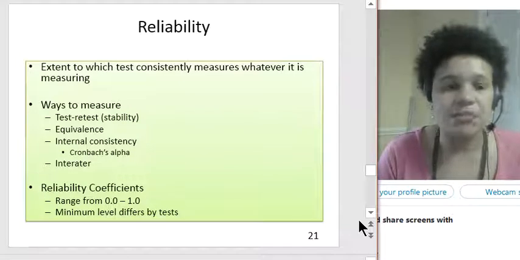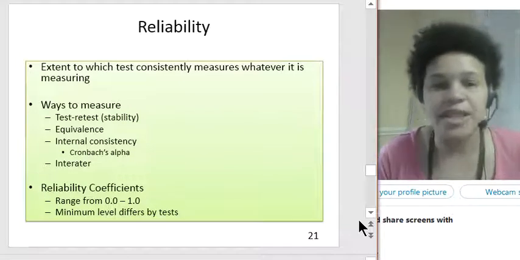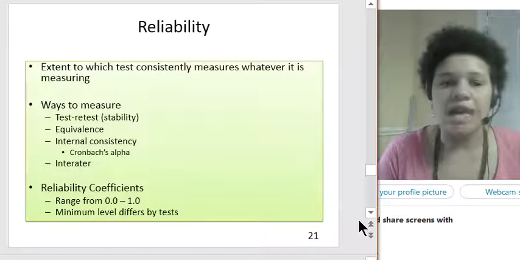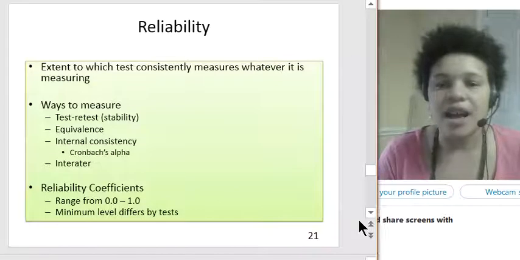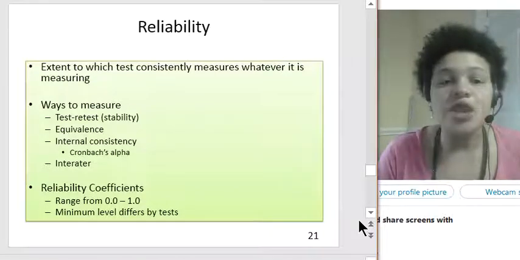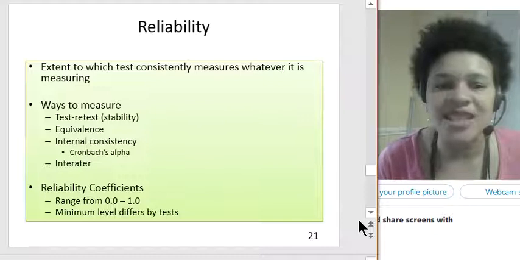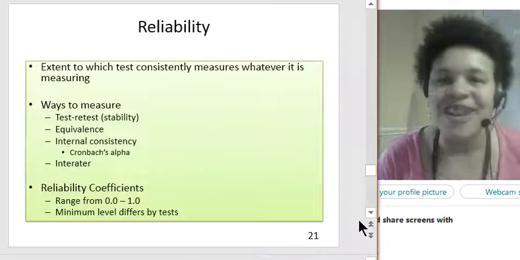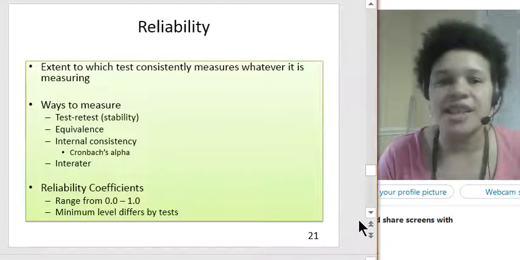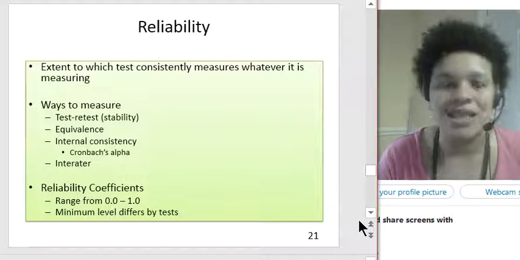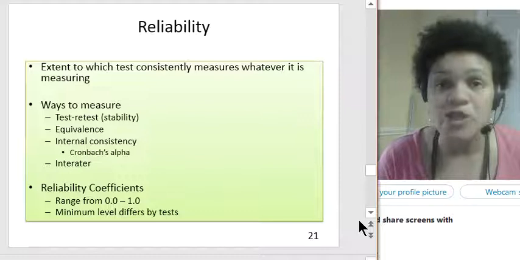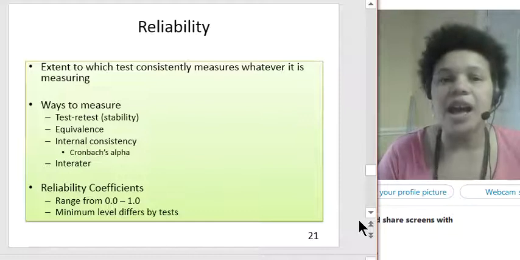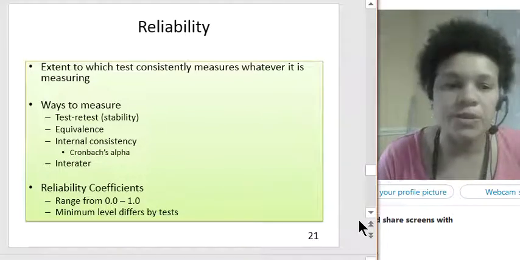You may see things mentioned in papers like we did a test-retest procedure, or we looked at how equivalent scores on this test were to another test that is well known, or we checked the internal consistency using Cronbach's alpha, which is just a statistical test to see if items are consistent. And then finally, inter-rater reliability, which is when we had two people score this test and we found out how much those two people agreed.